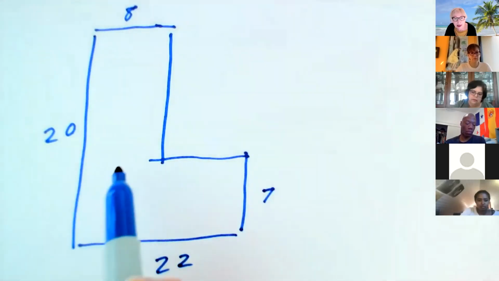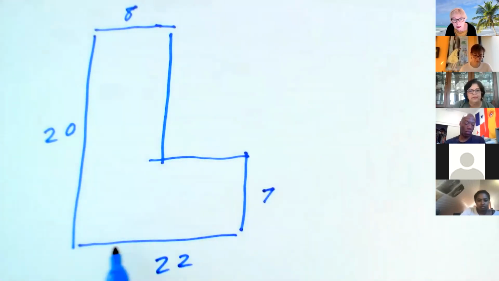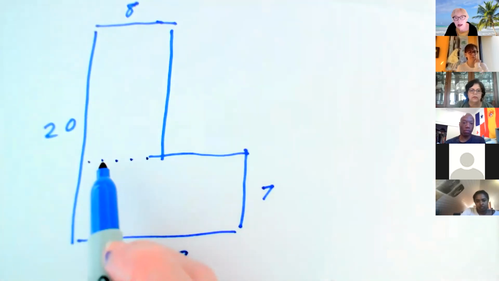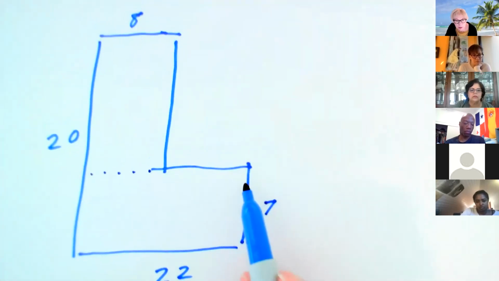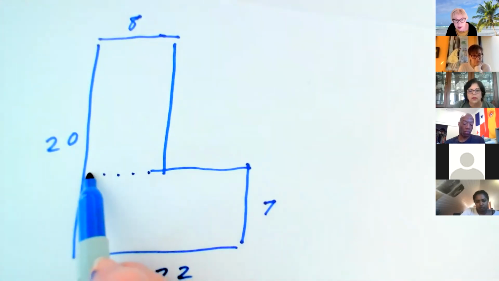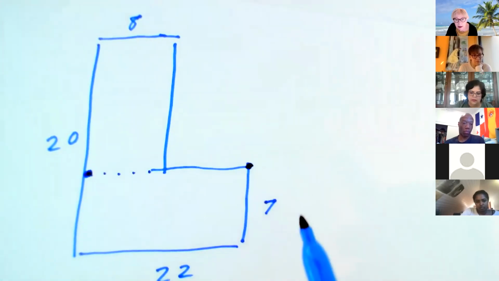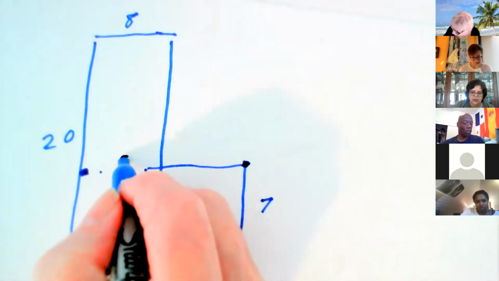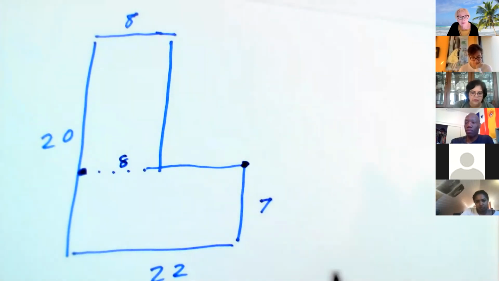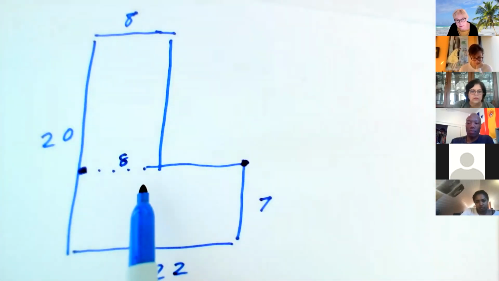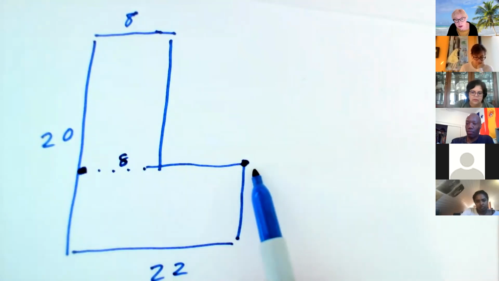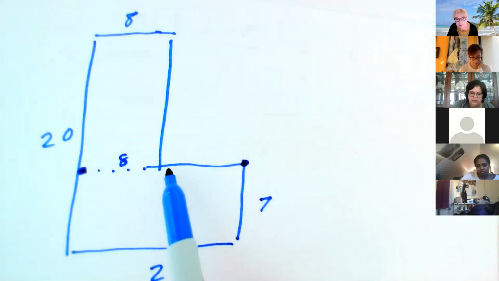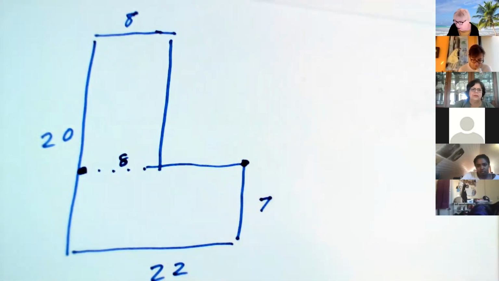And so if this total amount was 22, from here to here would also be 22. Now this, in the dotted part, is 8 because it matches that. So if this would have been 22 total and this is 8, how much is left for this little segment? 14. Exactly.